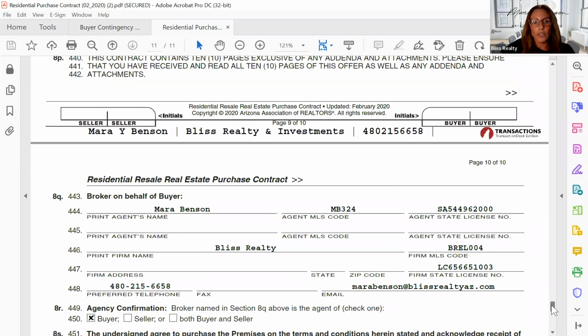And then fill out your information. And if you're on a team, you can put in both agents in here. Put in your MLS codes, put in your license numbers. Because let me tell you, when you're writing an offer, you don't want to sit and pull all this stuff up. This is just annoying. When you're writing the offer, it's going to pull in the listing agent's information.